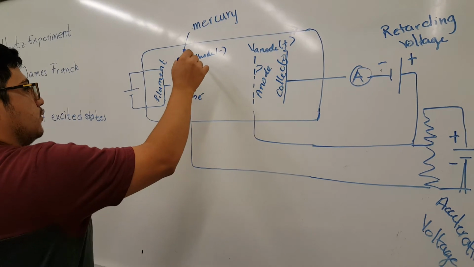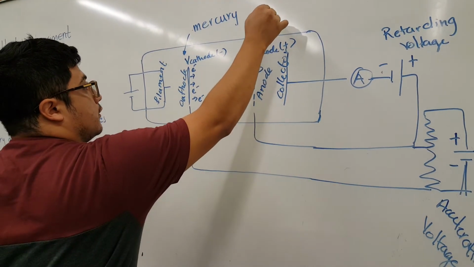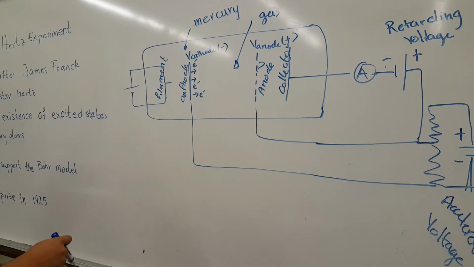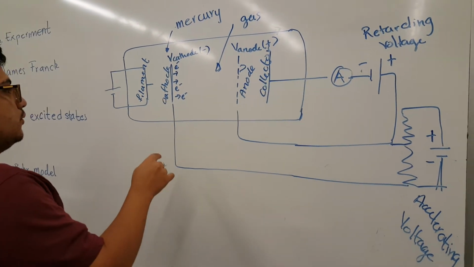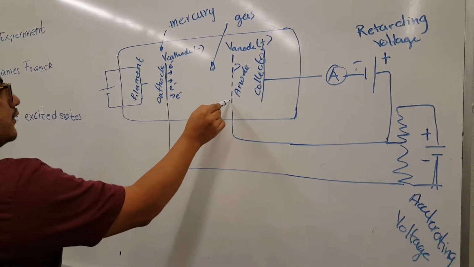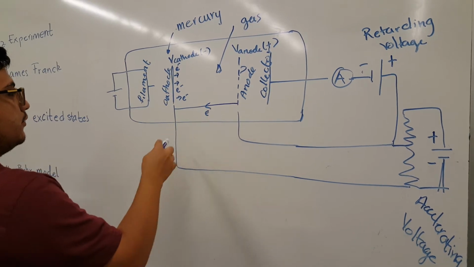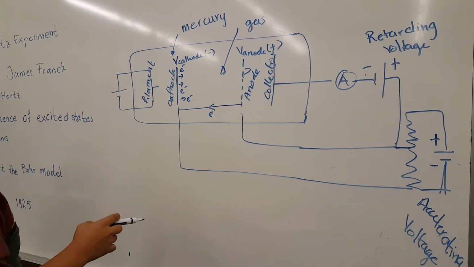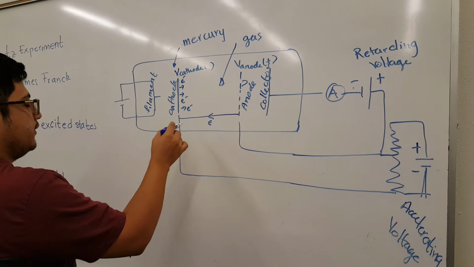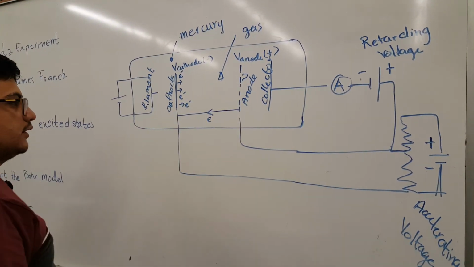So here is where the gas is. Okay? So you have an electric field that goes this way, and if you recall, the electrons would like to go to the positive side.